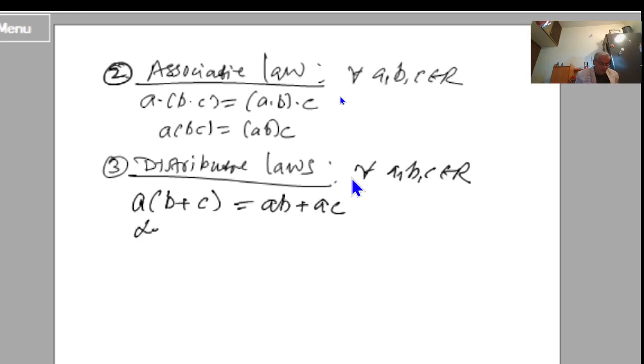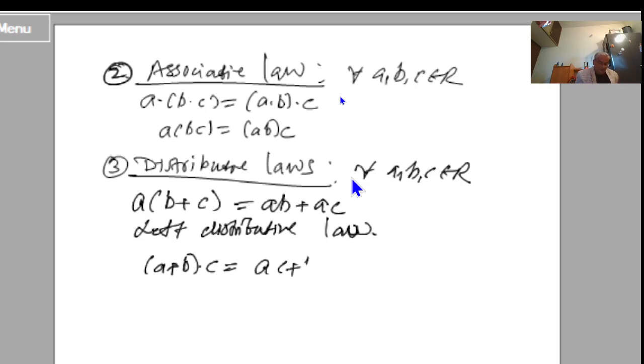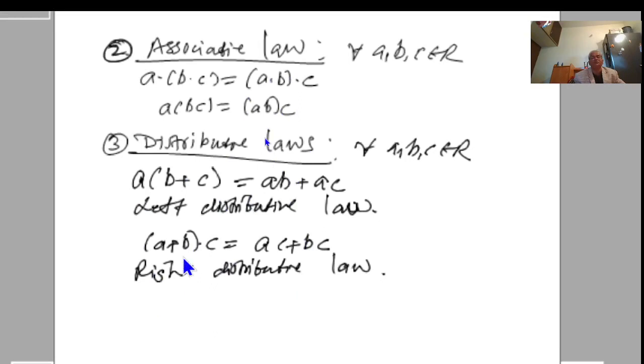This is known as the left distributive law. And (A plus B) dot C is equal to AC plus BC. This is known as the right distributive law. These two laws must be satisfied here.